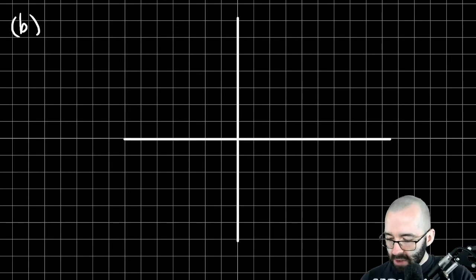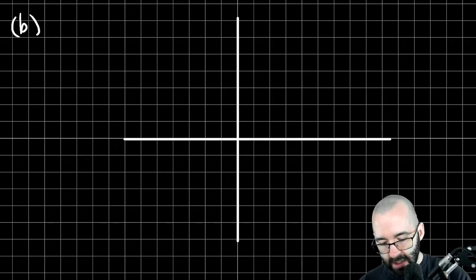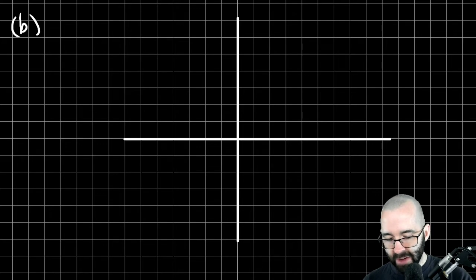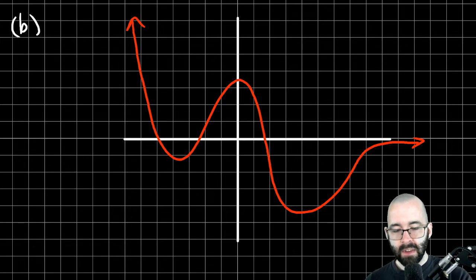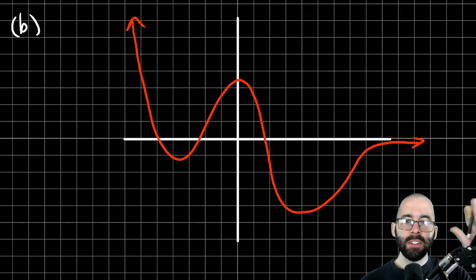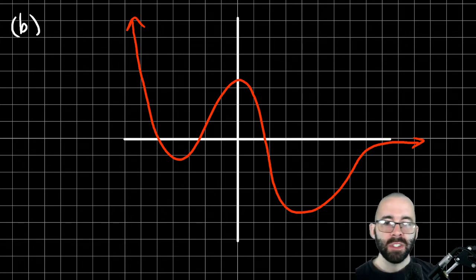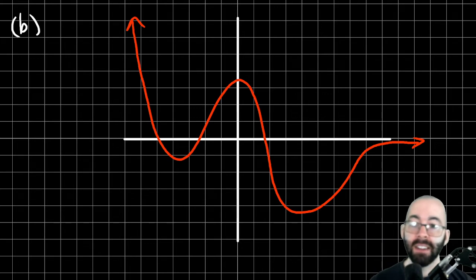All right, let's look at a function. I'm not even going to try to make this look nice. We're just going to approximate. Our function kind of looks like this, like so. And there's not going to be nice numbers on this one. We're just going to try to visually inspect it.